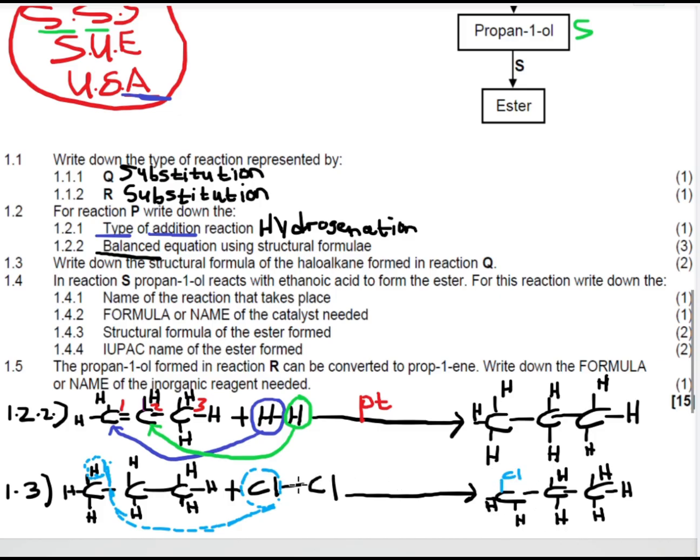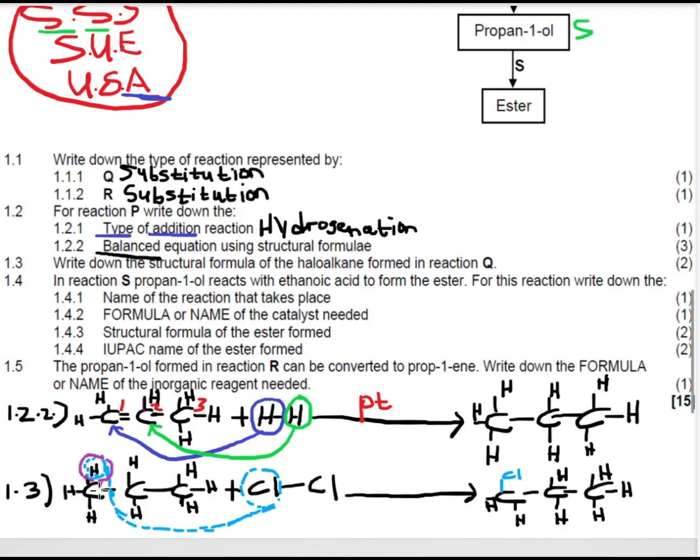But now you may be asking yourself, the hydrogen that we substituted the chlorine with, where did it go, guys? We must ask ourselves, because we can't lose atoms. We can't lose atoms in these reactions, guys. It must be balanced. What we have on the left hand side must be equal to what we have on the right hand side. So we cannot lose anything. This hydrogen atom, we didn't lose it.